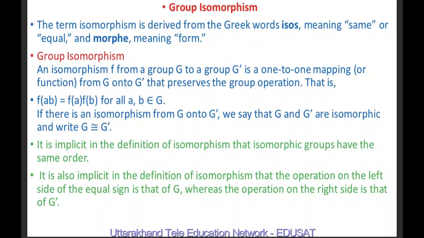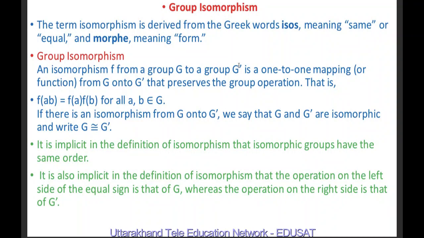If there is an isomorphism from G onto G dash, we say that G and G dash are isomorphic. And in this situation, we write it with this symbol, and read it as G is isomorphic to G dash. It is implied by the definition of isomorphism, because it is a one-to-one and onto mapping, that the number of elements in G and G dash are the same.